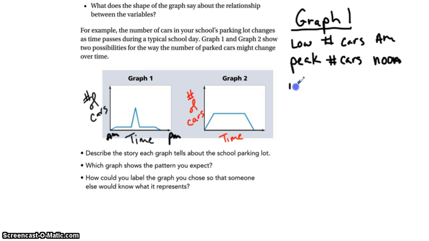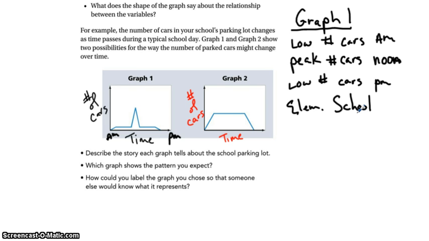And then it goes back to a low number in the afternoon. Okay, now if I had to guess, I would probably say that graph 1 represents an elementary school. Okay, and the reason why is because there's not a lot of cars coming and going from an elementary school.